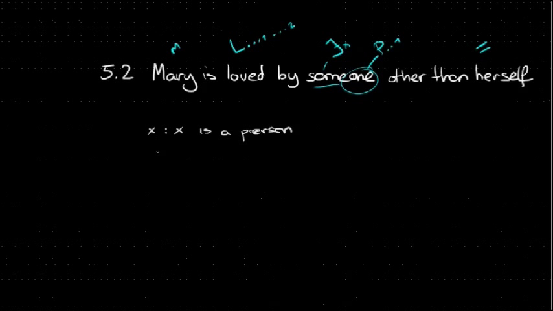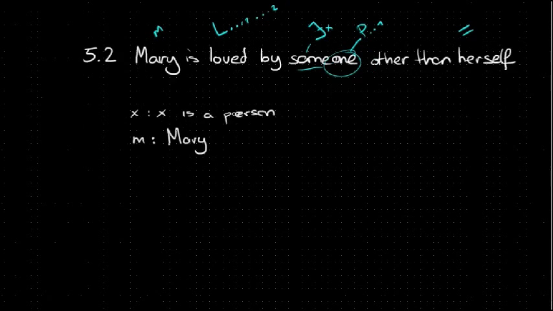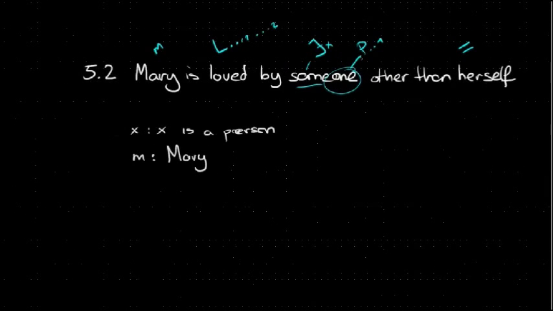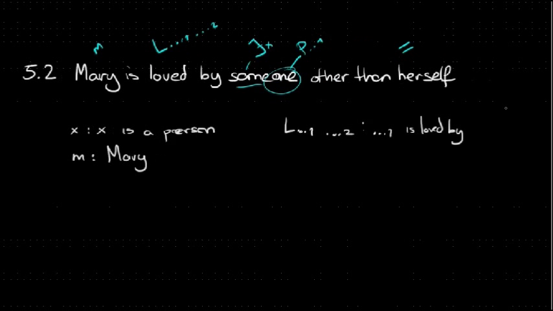So in this case, we're going to have M is Mary, and then we've got a predicate for is loved by. So 1, 2 means 1 is loved by 2.